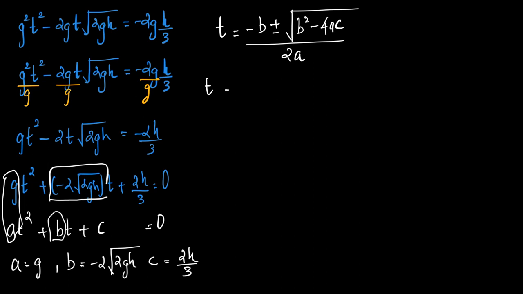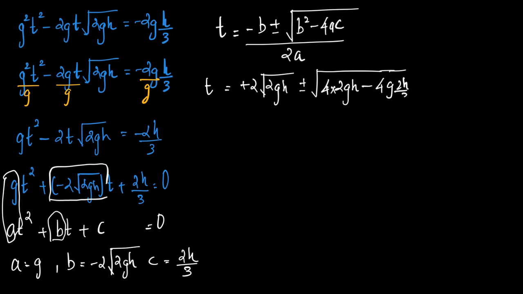So what is t equal to? t is equal to minus b. Minus b is minus into minus, so it is plus 2 root 2gh, plus or minus root of b square, which is 2 root 2gh the whole square, so that is 4 into 2 into gh, minus 4ac, which is 4 into g into 2h by 3, the whole upon 2a.